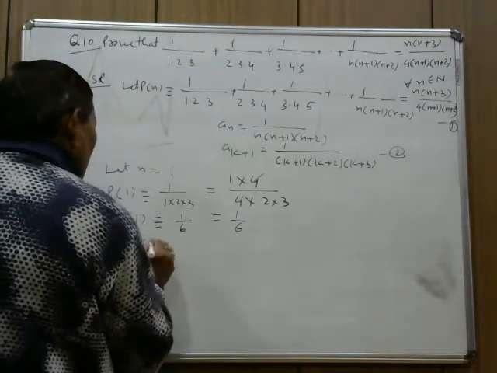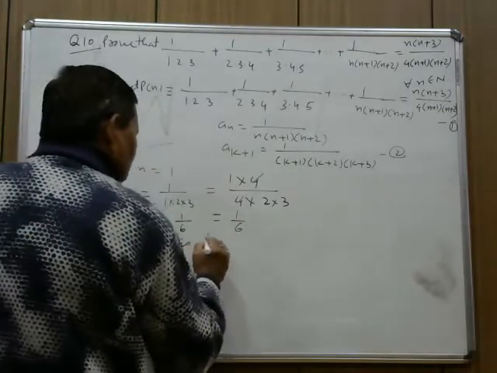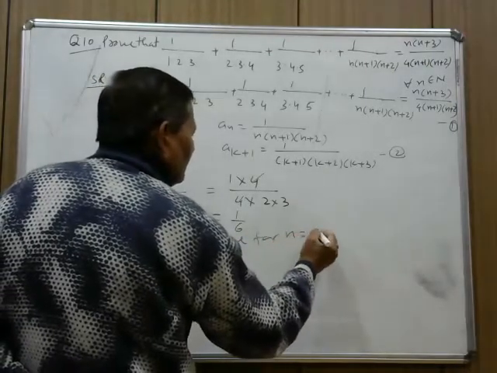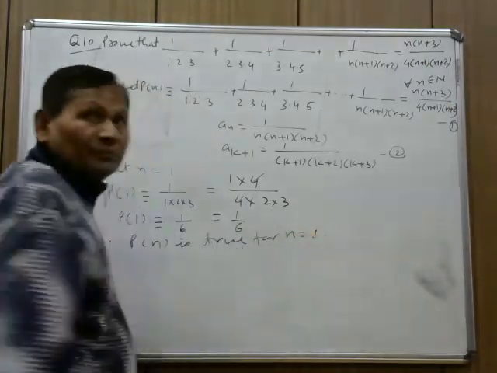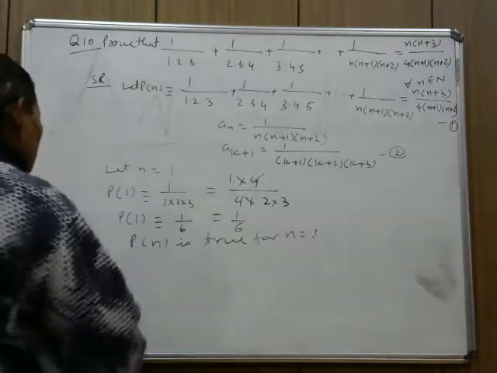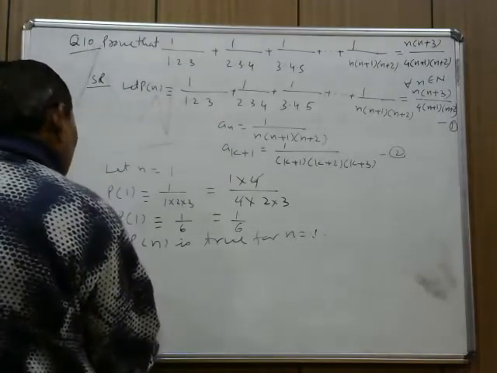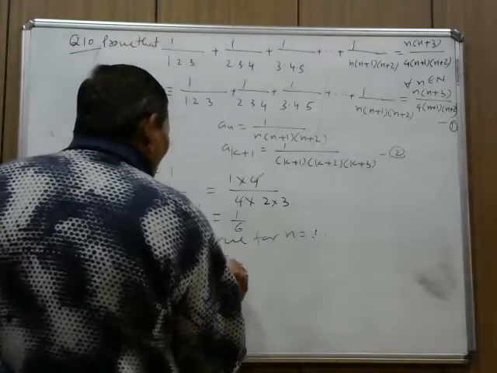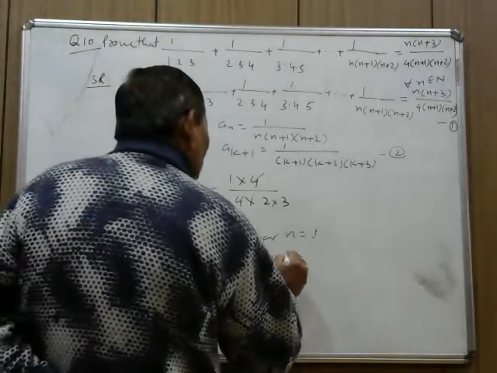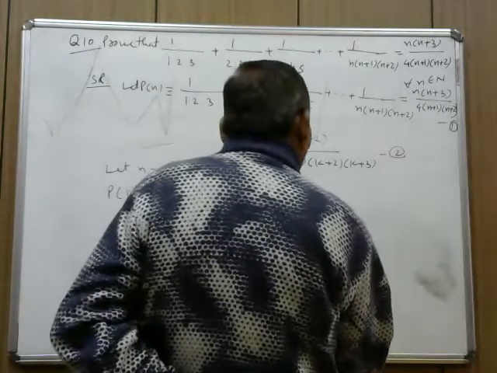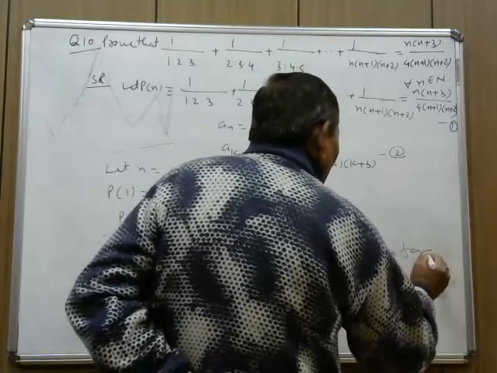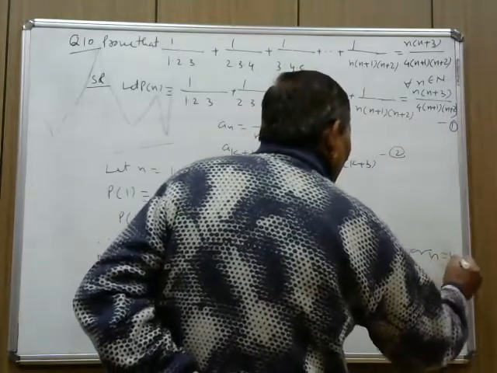Therefore, P of n is true for n equal to 1. Now we suppose that P of n is true for n equal to k.